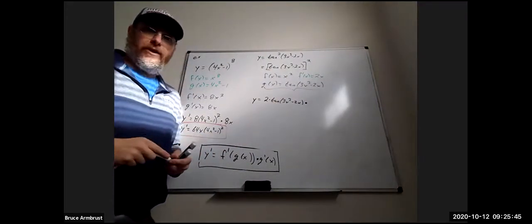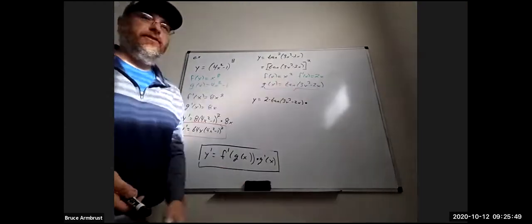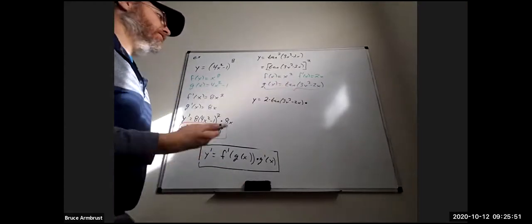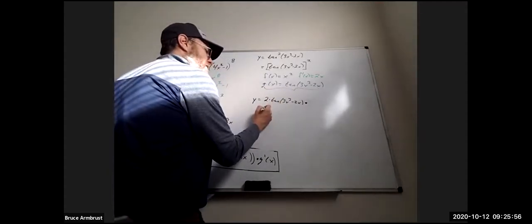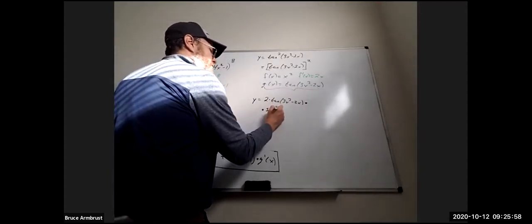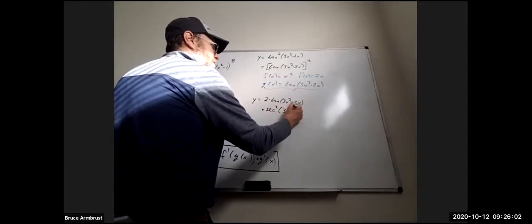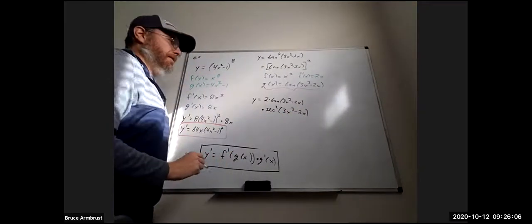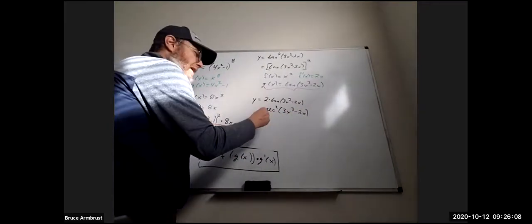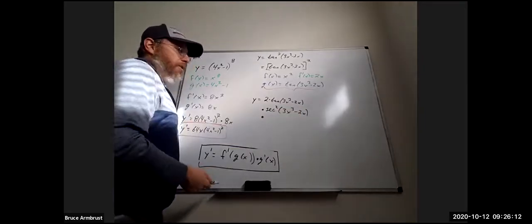Well, that's going to require chain rule again. I've got tangent of stuff. So the derivative, I need the derivative of tangent. Well, the derivative of tangent was secant squared. So I'm going to get the secant squared of the stuff. And then I need to multiply by the derivative of what's inside that one.